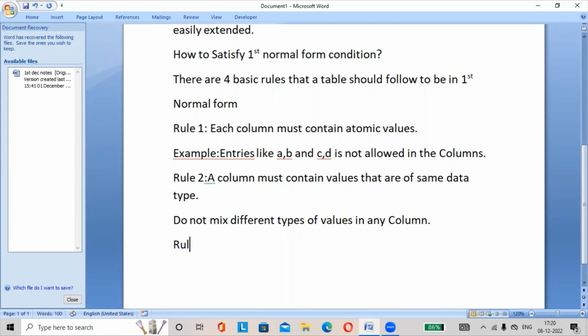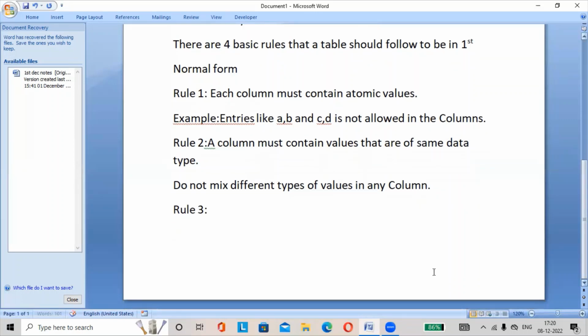Then rule number 3. What does rule number 3 state? Each column must have a unique name.